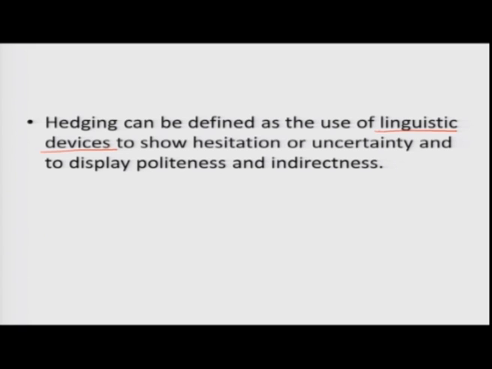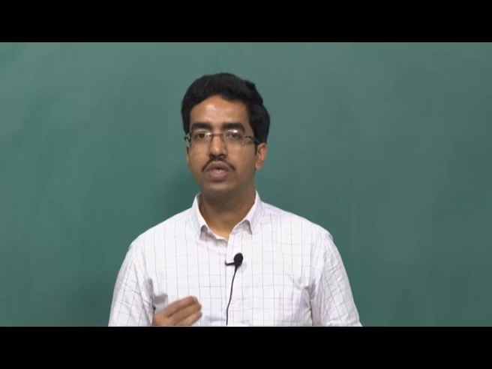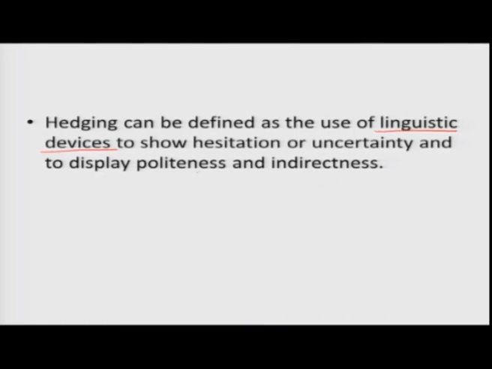These linguistic devices could be a single word or a phrase, it could be a verb, an adverb, a noun, but the purpose here is, see, you want to be polite, and you also do not want to make a very bold claim, you want to be cautious.